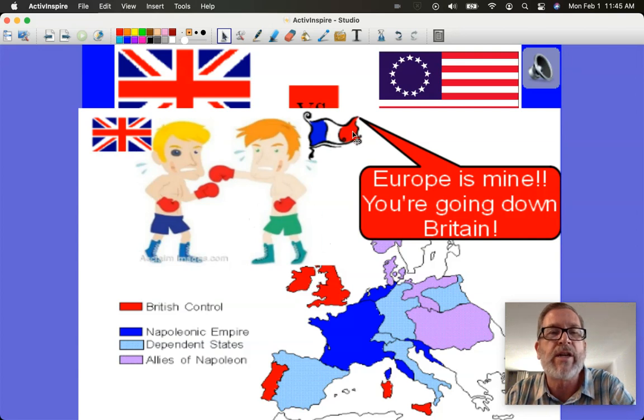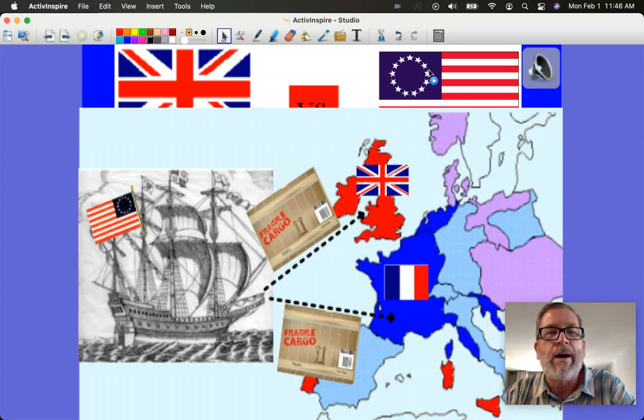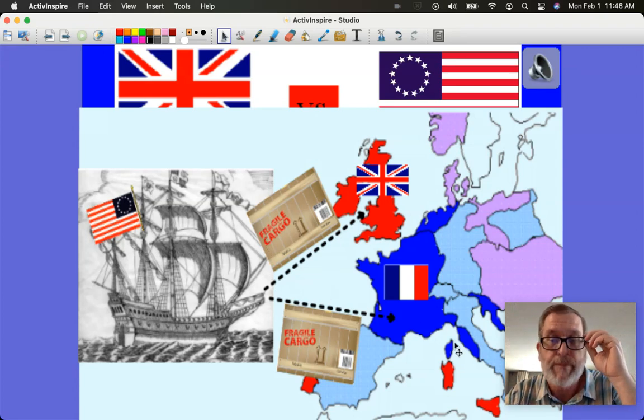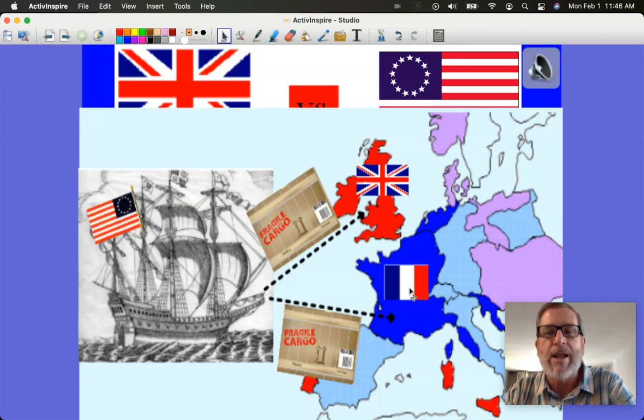You know, Jeffersonians supported the French, Adams supported the British, right? But we get kind of caught up in the middle of this because we're trading, as you can see by this map, we're trading with both of these nations simultaneously, and they're both at war with each other. Now, they don't like that because we're basically trading with each other's enemy.